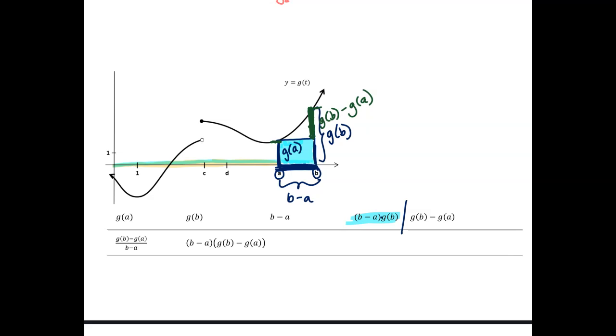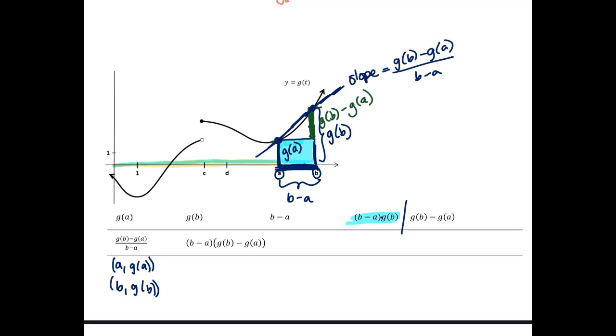That's the slope between A, G of A and B, G of B. So that's the slope between this point, A, G of A, and B, G of B. It's the slope of this secant line. So slope is G of B minus G of A over B minus A. And again, whenever you see that, I want you to know that's talking about the slope of a secant line. Or if your function is linear, it's just talking about the slope of the line.